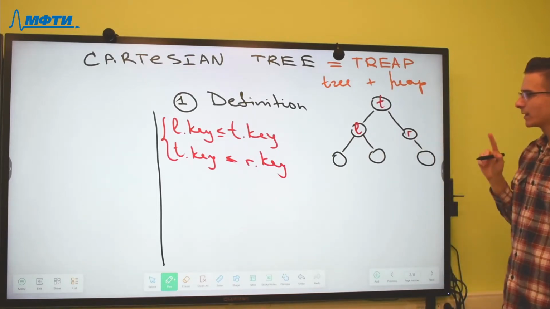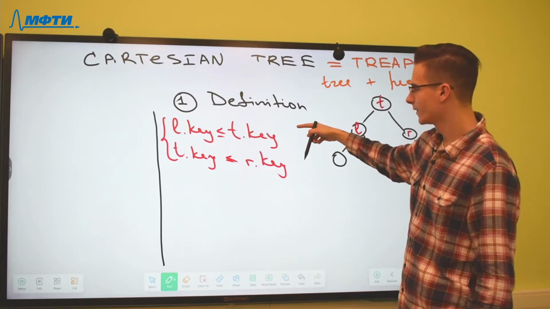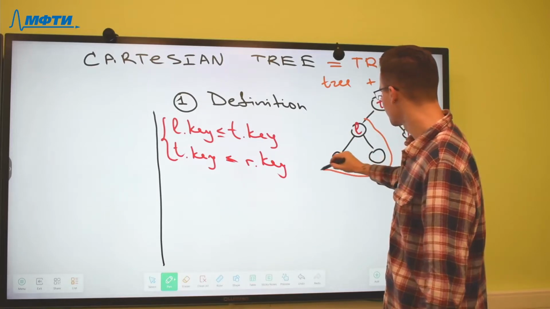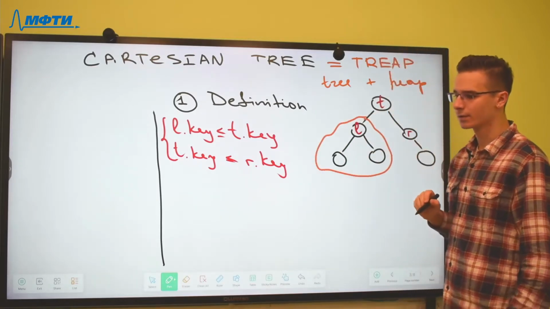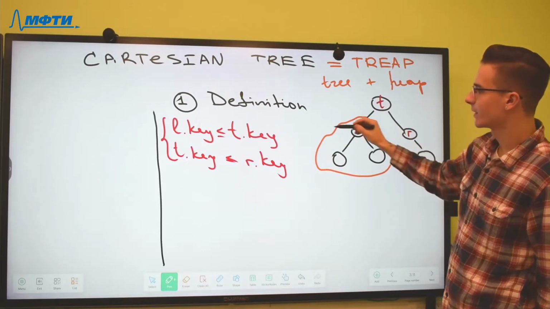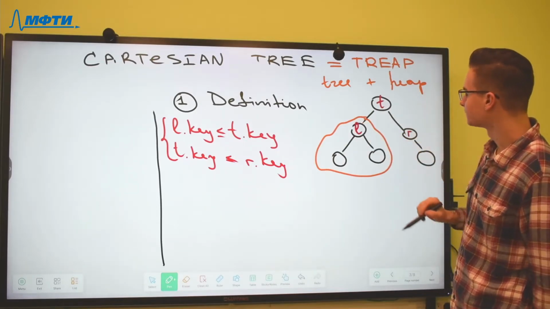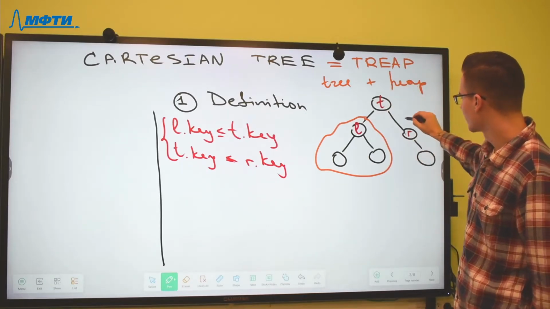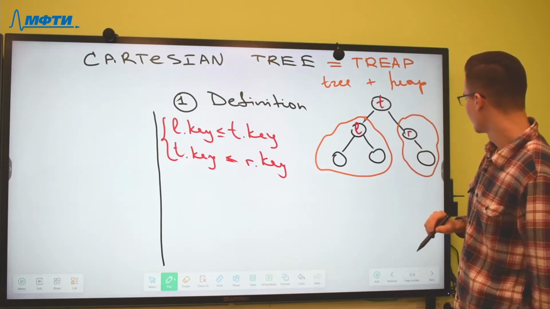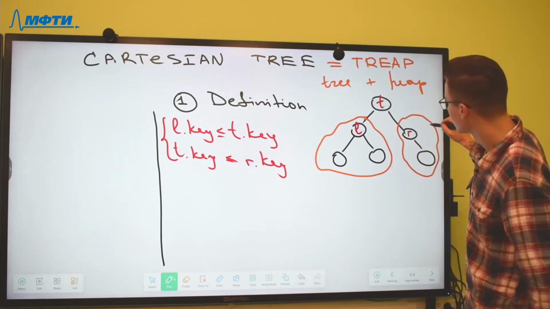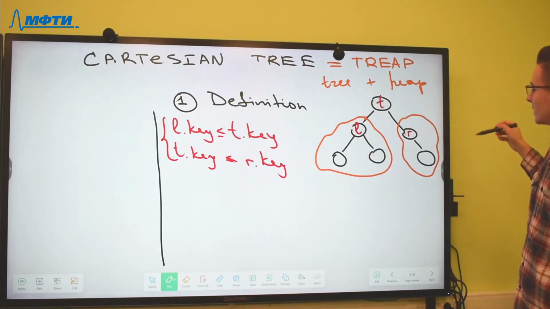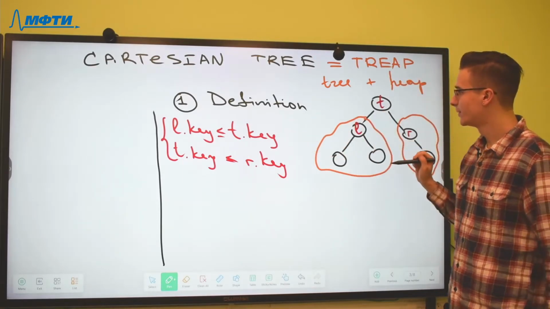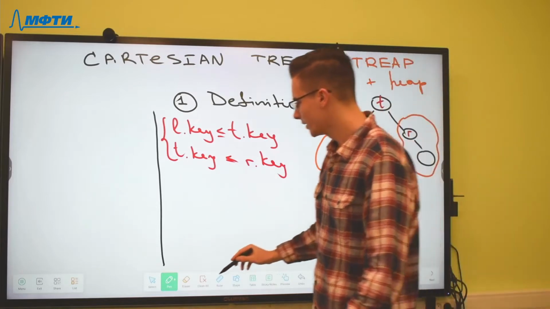Firstly, of course, there is the tree property: the left subtree contains nodes with keys that are smaller than the key of the root, and the right subtree contains nodes with keys bigger than the key of the node.